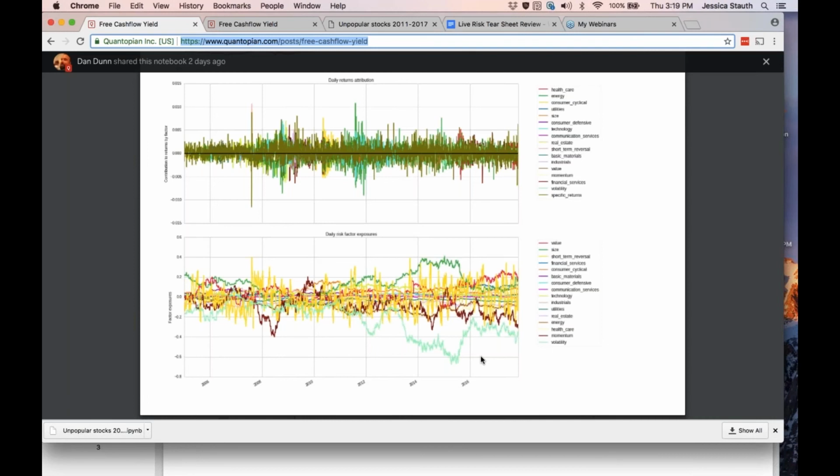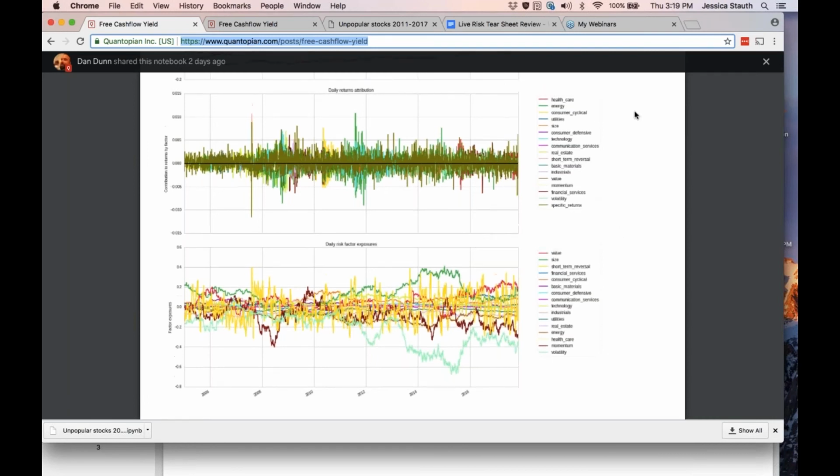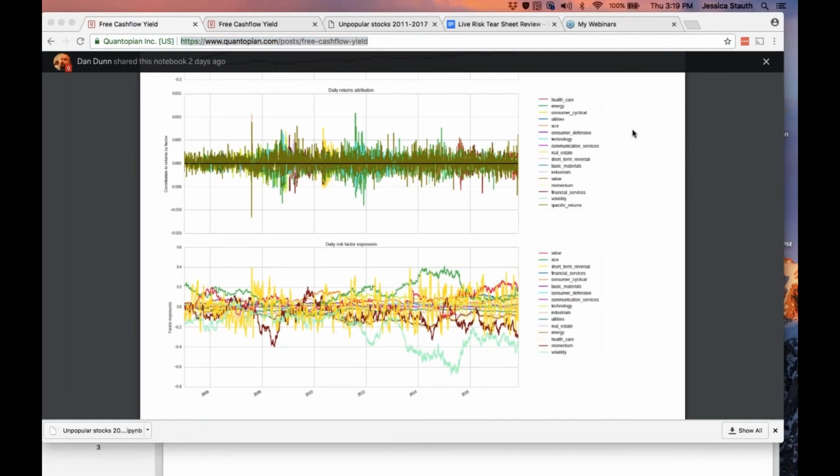Since it's a little different, it doesn't exactly track with our book to price factor, but you can still see that it's taking on exposures to size and volatility. So if we added a free cash flow yield factor, then presumably we'd be able to pick that up really nicely. All right, so why don't I pause there?